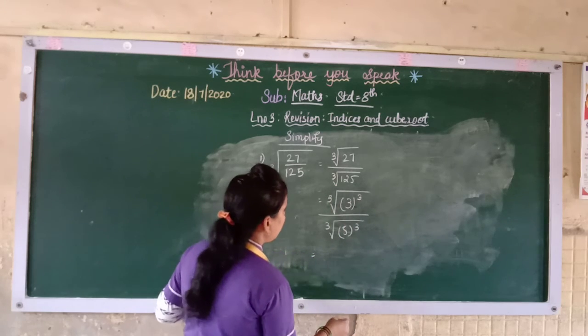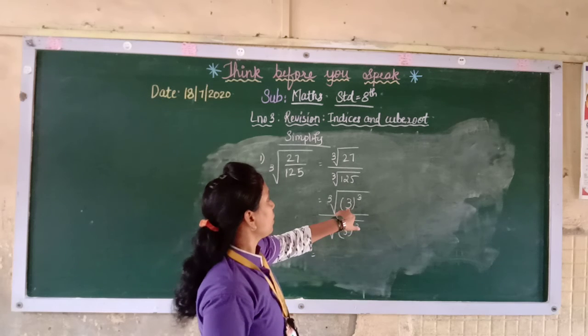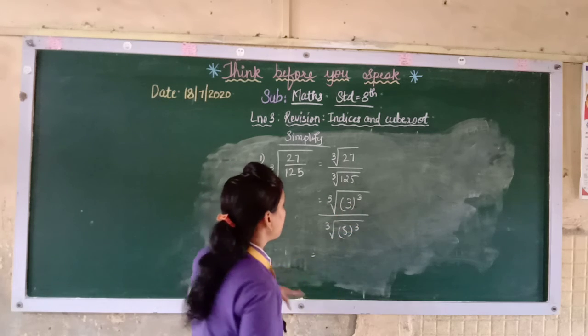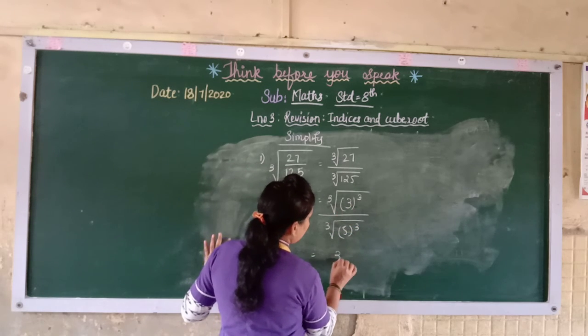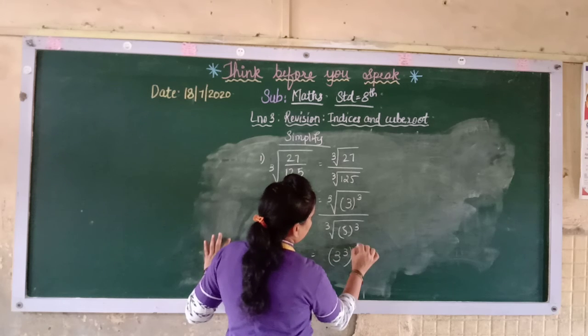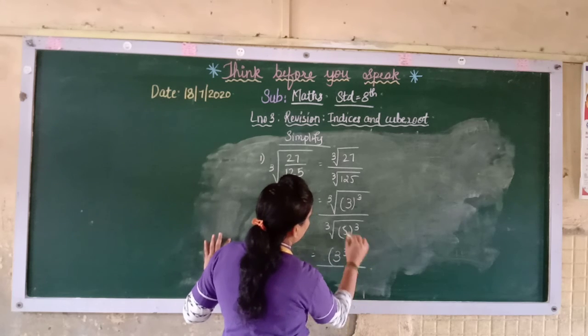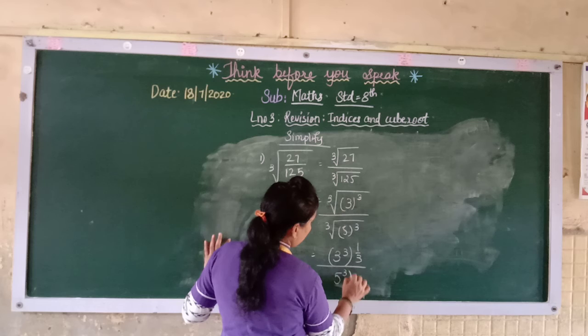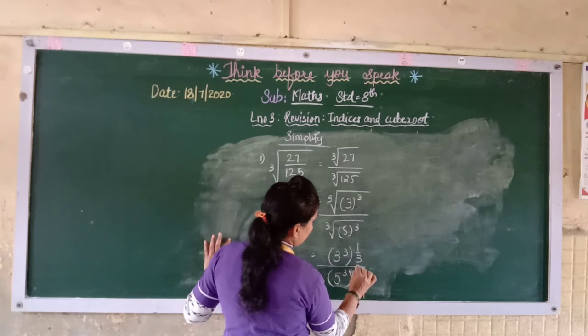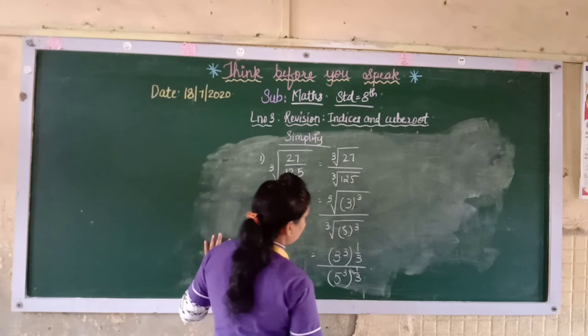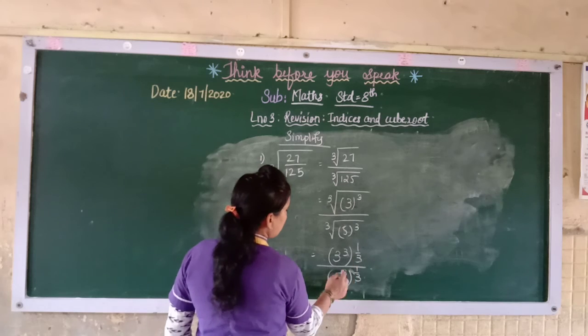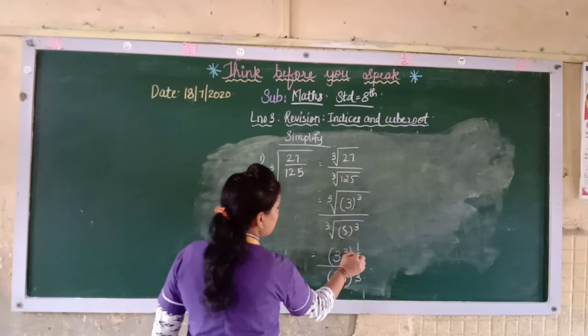So how can you write it here? This is a power of, correct? So here you will write 3 cube into 1 upon 3 upon 5 cube into 1 upon 3. So what will happen? This 3 and this 3 will get cancelled because here it is multiplication.